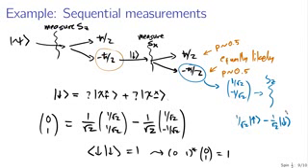This tells me that we have an equal superposition of up and down, which means if we measure S sub z again, we would get either h bar over 2 or minus h bar over 2 with equal probability. So if we know nothing about our state, measure its z component to be down, then measure its x component to be negative, and then measure its z component again, we've forgotten what the z component was.